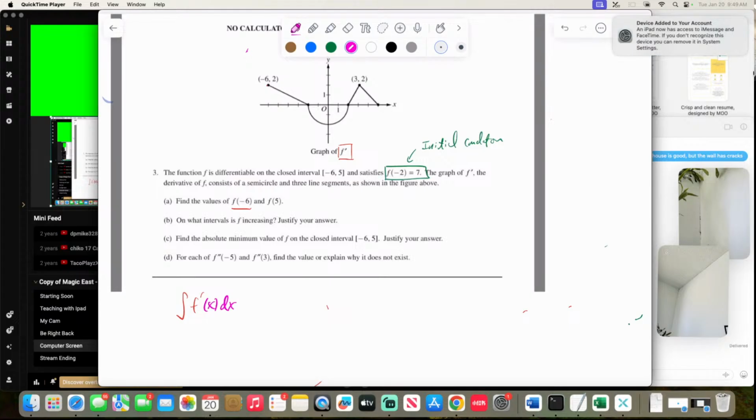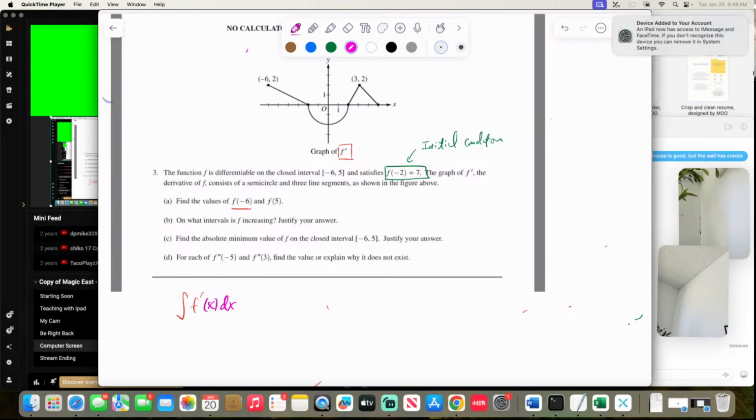Now, some people say, can I do it the other way around? Yeah, of course. As long as you're being consistent with the FTC, you should get the same answer. So if I do the integral from -6 to -2 of f prime of x, I say f of -2 minus f of -6 equals that.